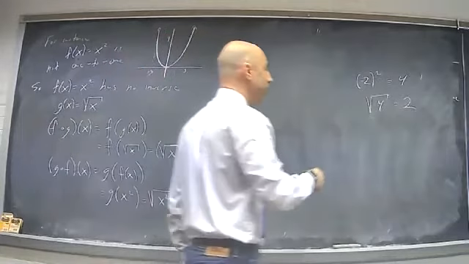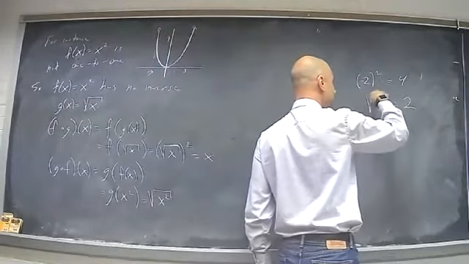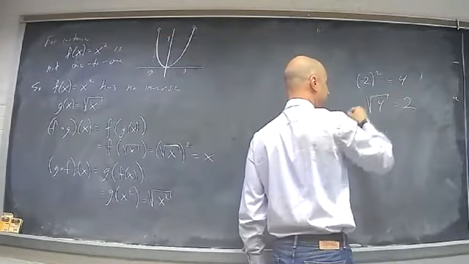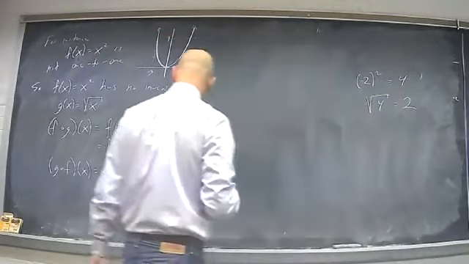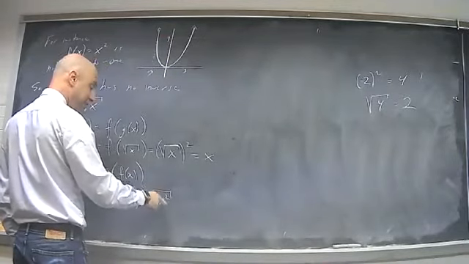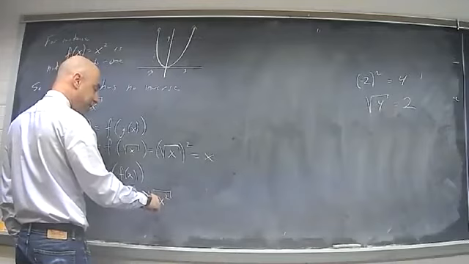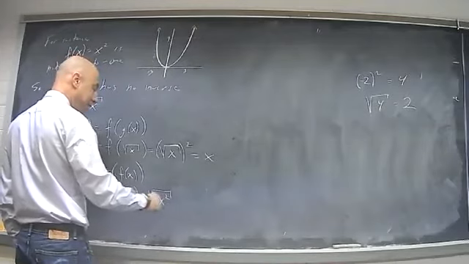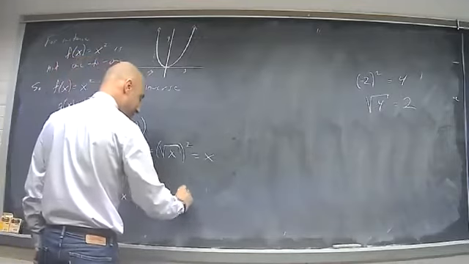By the way, this symbol right here means positive square root. That's why when you write out the quadratic formula, you have to put the plus or minus in front of it. So this is not equal to x. It is if x is positive or 0, but not if x is negative. In fact, this is just a fancy way of writing the absolute value of x.